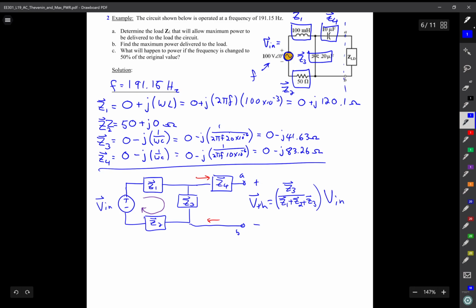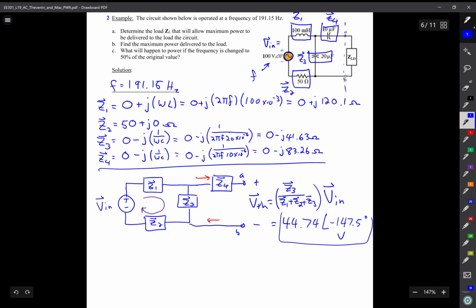If I do that math, plugging in all those values for my impedances, the value of V Thevenin is equal to 44.74 with an angle of minus 147.5 degrees volts.